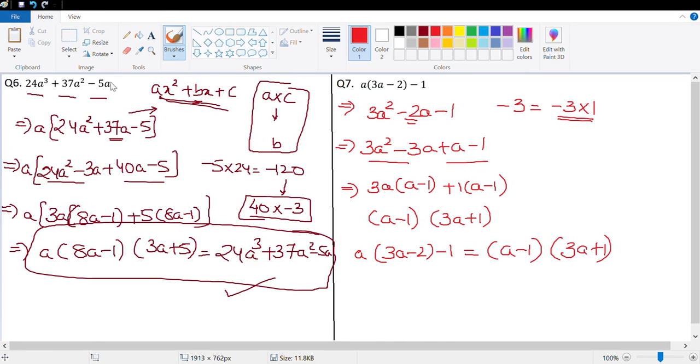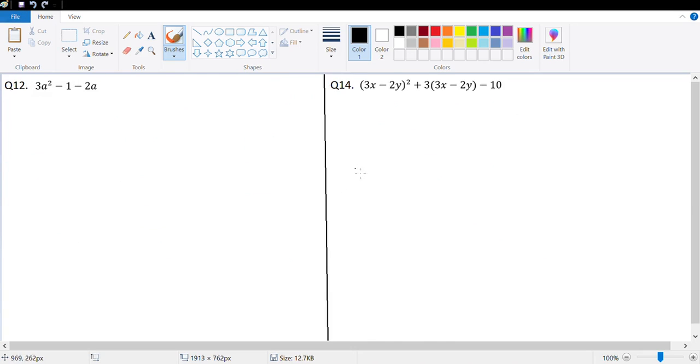Next question. The next question that we are doing is question number 12. I think we just did this question, exactly the same question, right? After opening it, we got the same number, right? So this is, again, let's write it in the form 3a square minus 2a minus 1. I need to split negative 2 in a manner that the product of those two numbers would be negative 3.